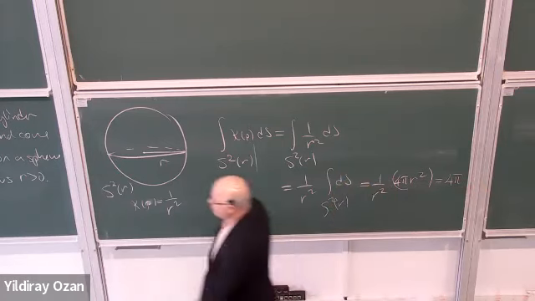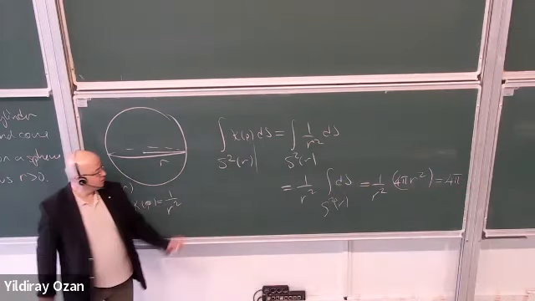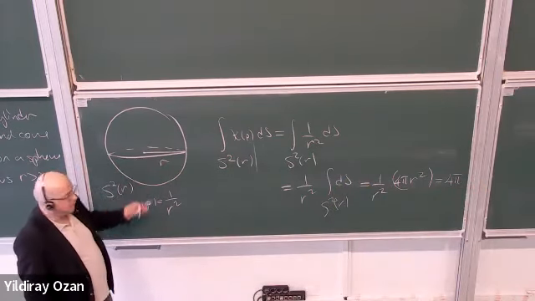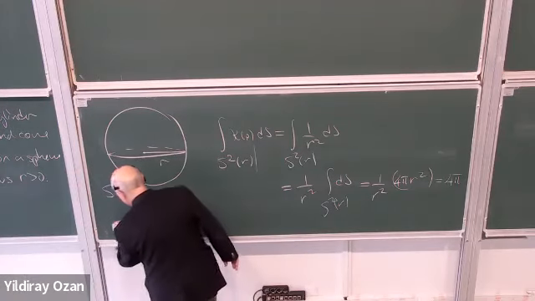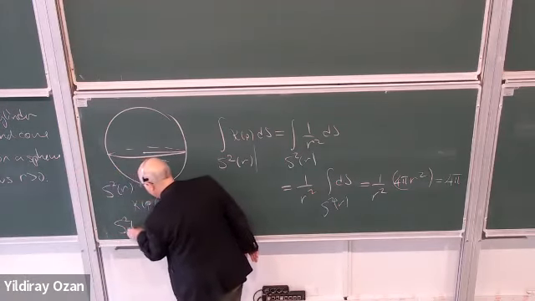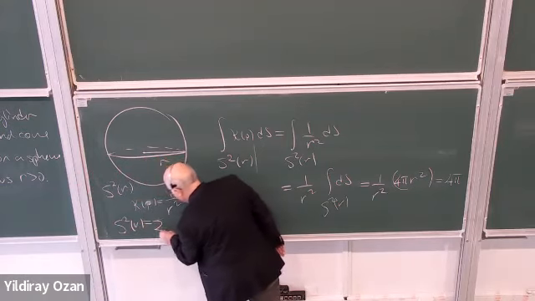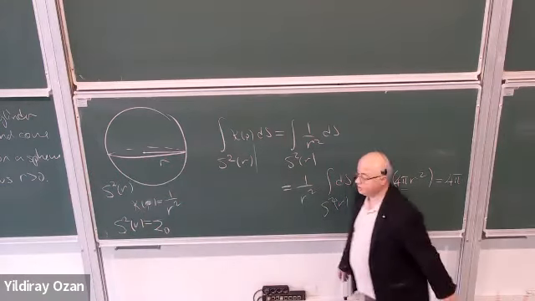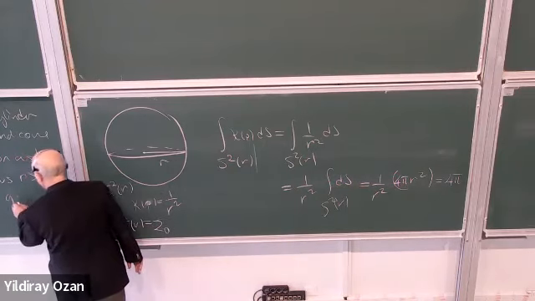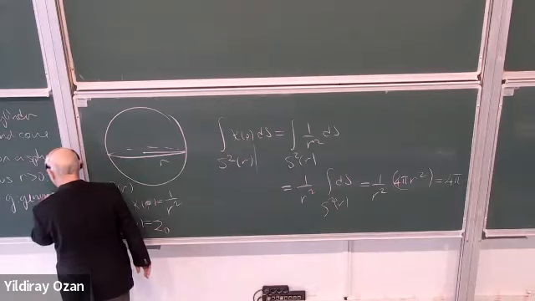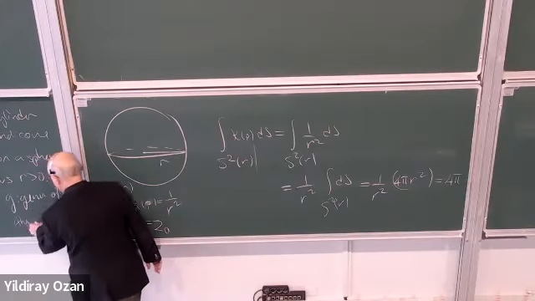It is consistent with this because the sphere has no holes in it, in the sense of this kind of holes. So this is a surface of genus 0. This G is called the genus of the surface.